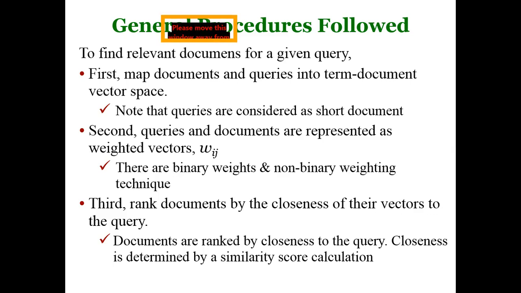But it requires non-binary weights. If the IR model supports only binary weight, it's very difficult to calculate TF-IDF. It can be calculated if we are using non-binary weight and the IR model allows us to use it.